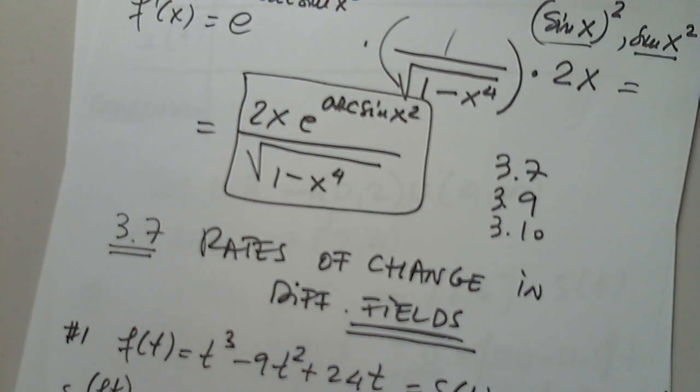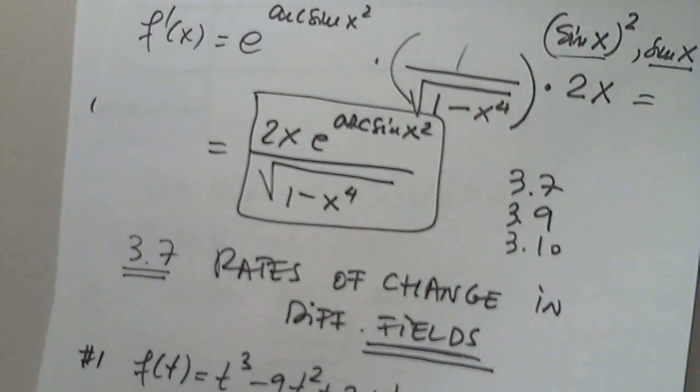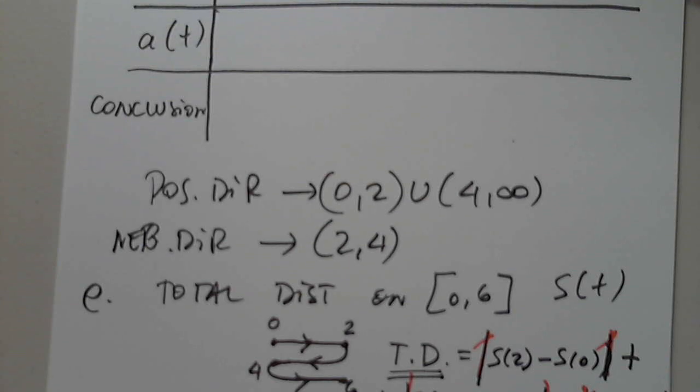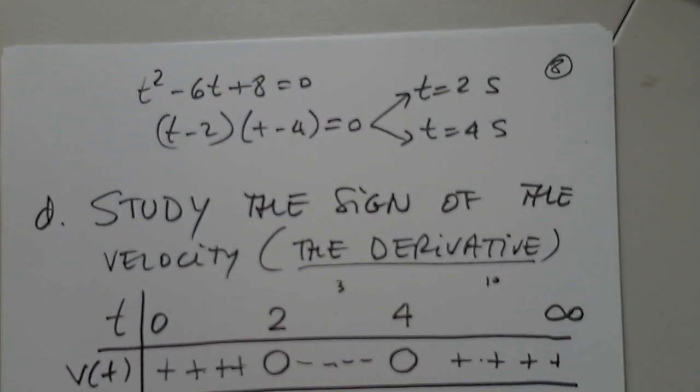I know the 0, you don't have to plug in 0, of course. I have 2, 4, and 6. Perfect. And now I will copy these numbers.